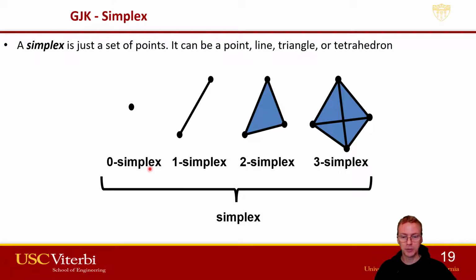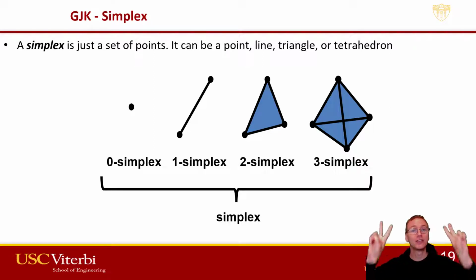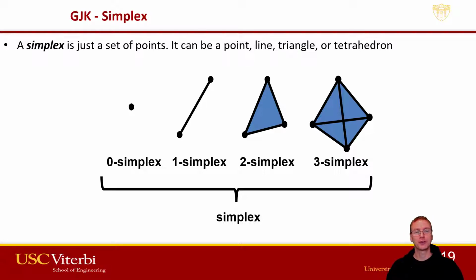A zero simplex is a single point. So when we started off with our initial guess, we take an initial guess and we subtract those 2 points. That's a zero simplex because presumably programmers learn to count from 0. So we have 1 point, so that's the zero simplex.